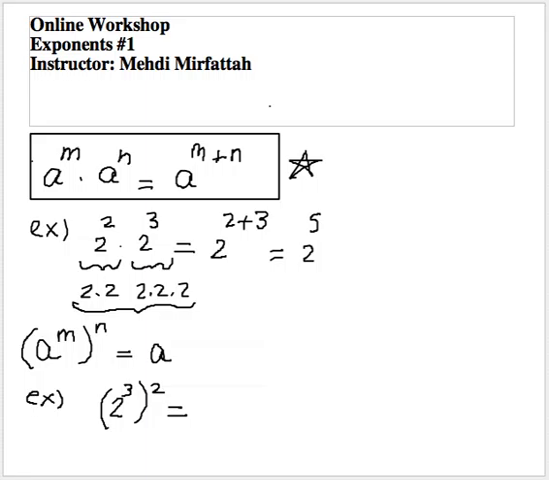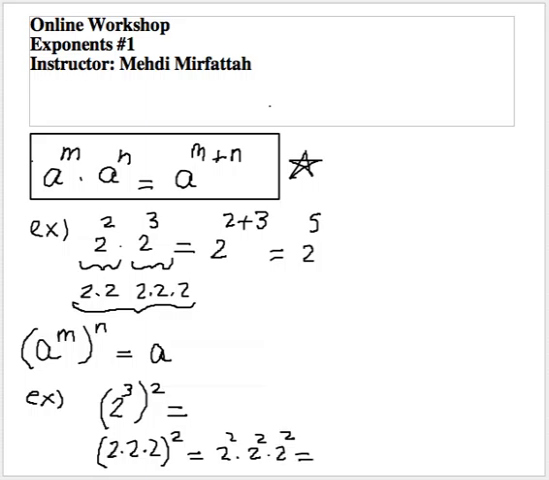Now the second one, we have 2 to the power of 3. It means we have 3 2's here for the base. And then each of these should be raised to the power of 2. So each of these would be 2 to the power of 2, 2 to the power of 2, 2 to the power of 2, and see how many 2's we get out of those.